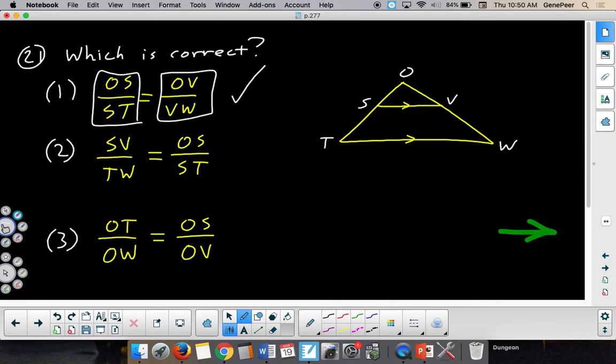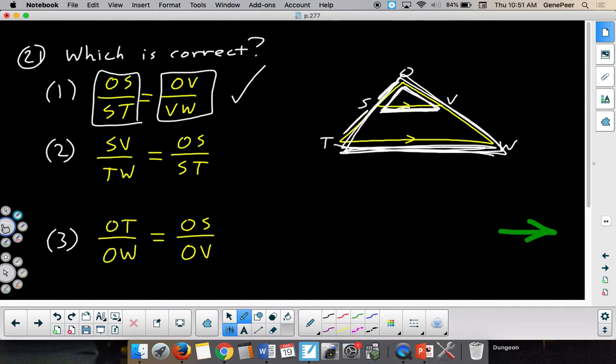Number 2 suggests that SV over TW might be proportional to or equal to OS over ST. They blew it that time. Because remember how you think about this. Look back at the old video. You compare the whole side of the small triangle, that's SV, to the whole side of the big triangle, that's TW.